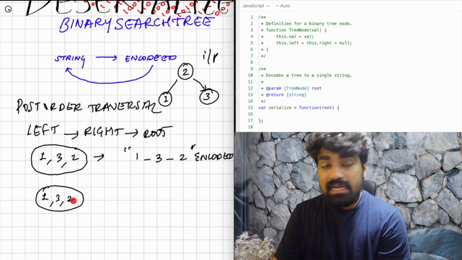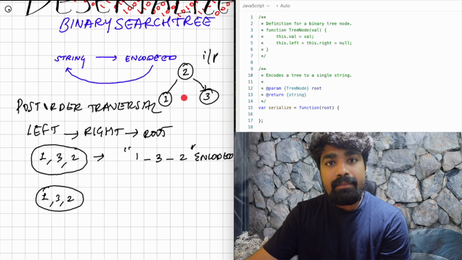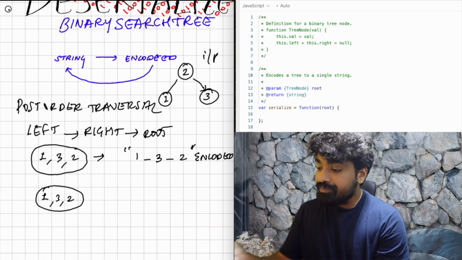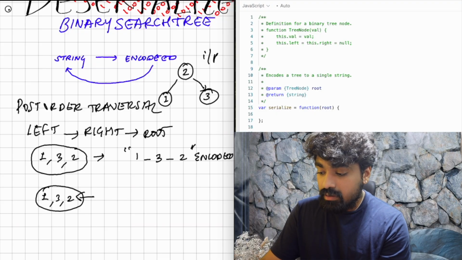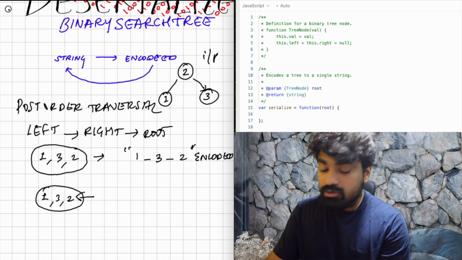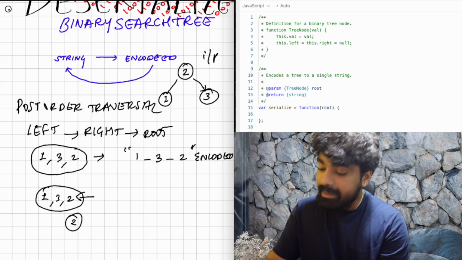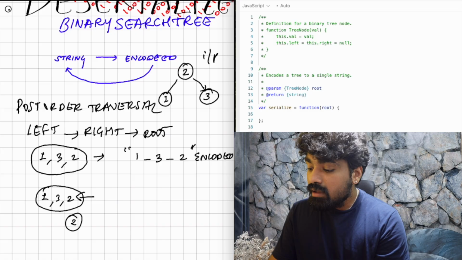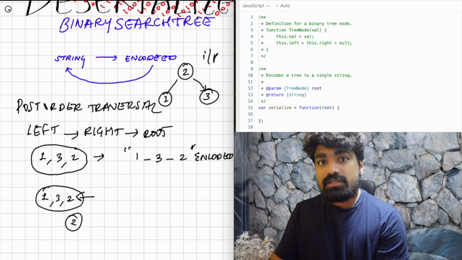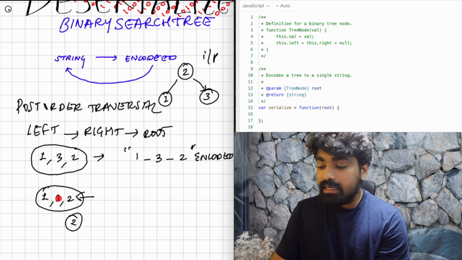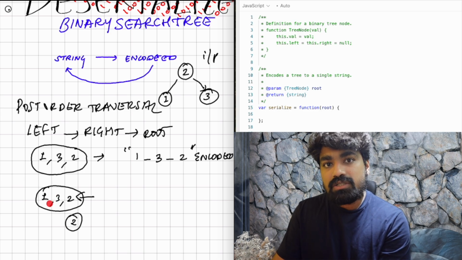Now from this array I will build back my binary search tree, and to do that I will first go towards the last element that I have in my array, which is going to be 2. I will pick this 2. I will say the right side of this 2 is going to be the immediate next element associated with it.